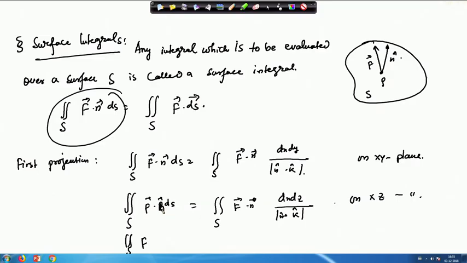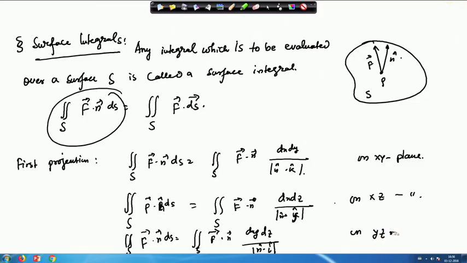F dot n, sorry. So, if we are taking the projection on xz, this has to be j, and when we are taking projection on yz plane, this has to be i.